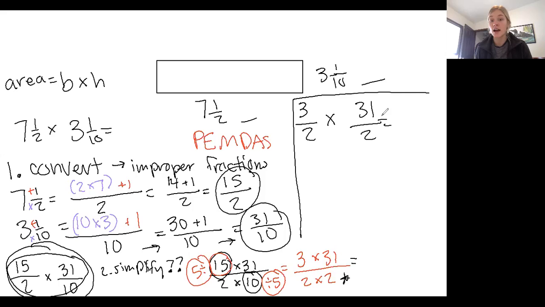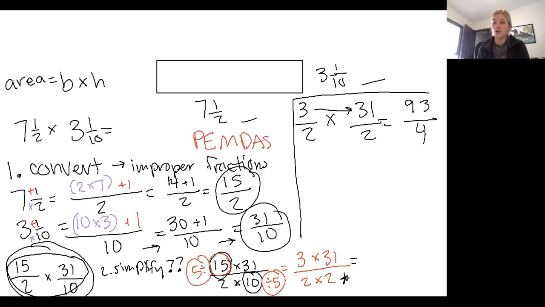Okay, so in addition, we had to find the LCD, or least common denominator. It just happens to be that these two fractions have the same denominator now that we simplified it. They don't need to have the same denominator. All we have to do now is multiply straight across. So 3 times 31 is 93, and 2 times 2 is 4.